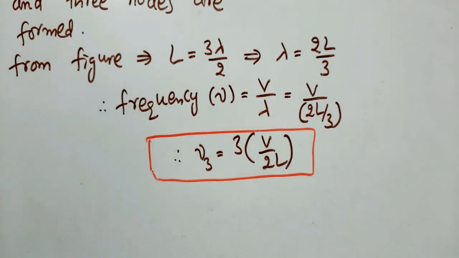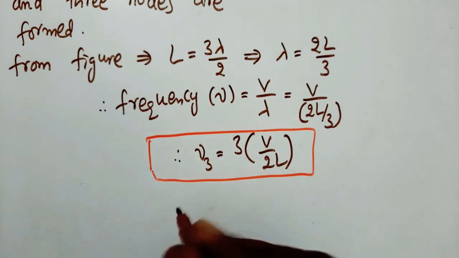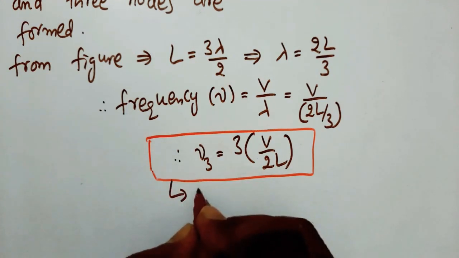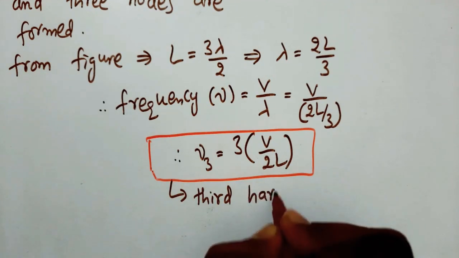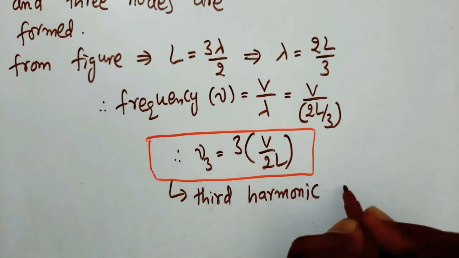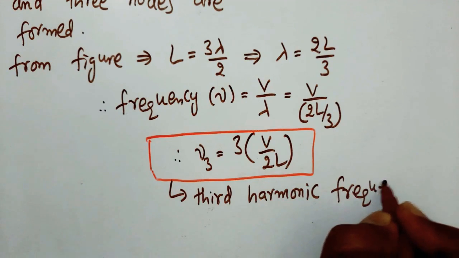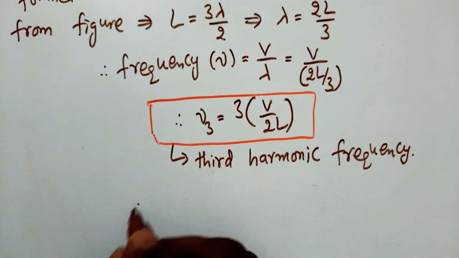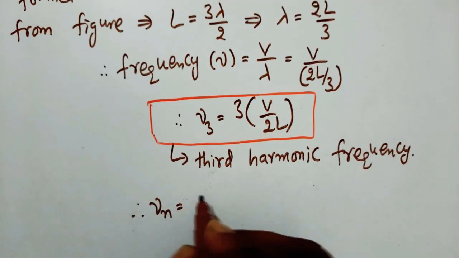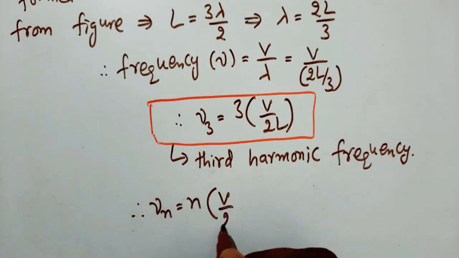This is known as the third harmonic frequency. Similarly, for the nth mode of vibration, we can write nu n is equal to n into V by 2L.